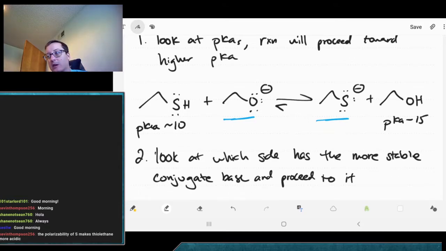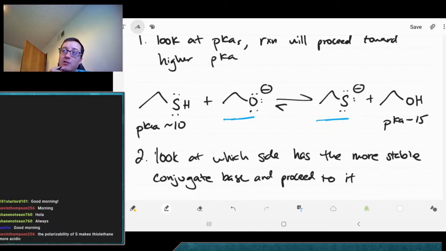You've got your phenol and thiols at pKa 10. Alcohols and water around 15. You have your alkynes at 25. Amines at 35, etc. The reason I gave you all those numbers is so you can have a general idea. We don't really need to know the exact number. For ethanol, it's probably like 16.2, and this thioethane is like 9.8, whatever. The point is we have a higher one on one side. We want to head towards the higher one.